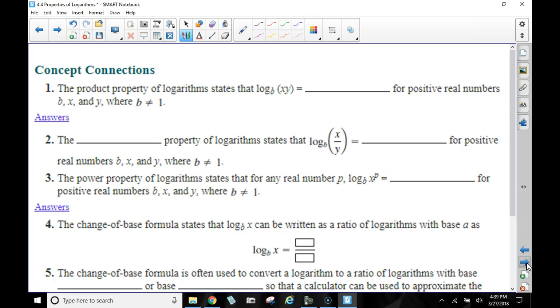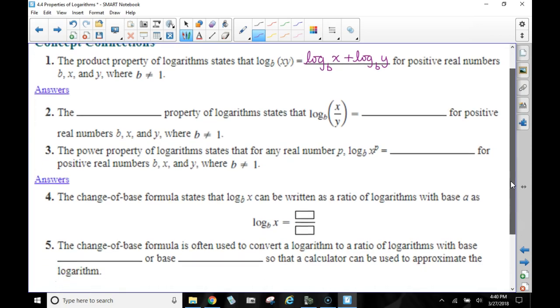Number 1, the product property of logarithm states that the log of x times y with base b is equivalent to the log of x with base b added to the log of y with base b. As long as your arguments and everything's all good, okay? You don't have any domain errors or anything like that.